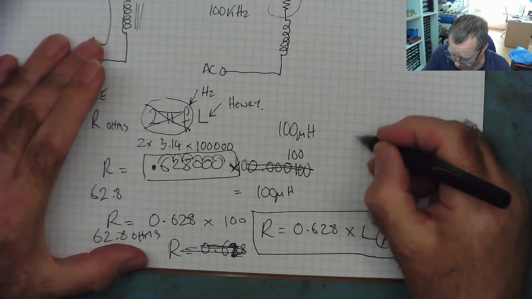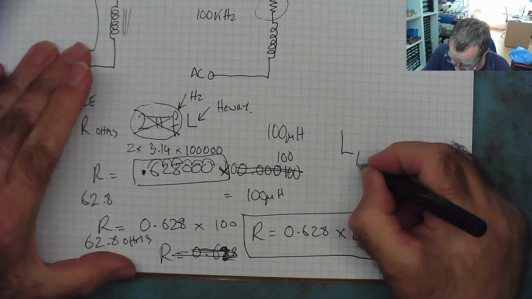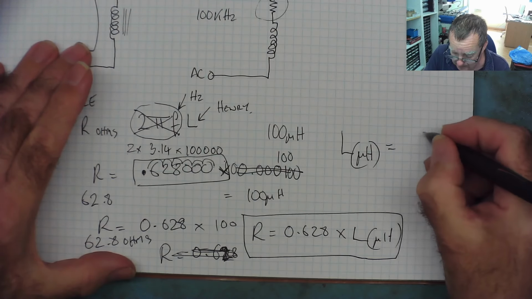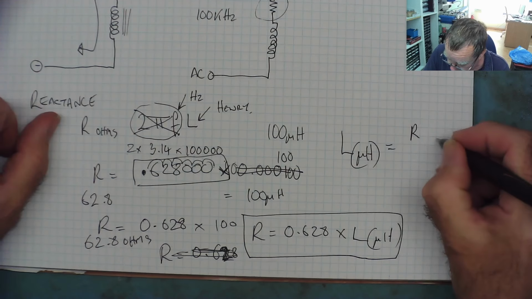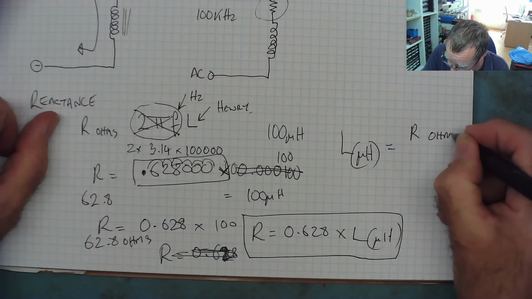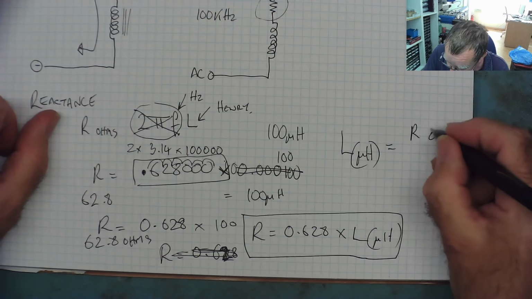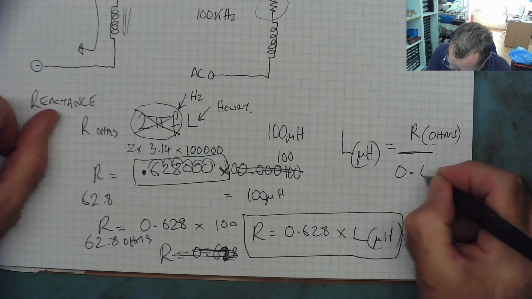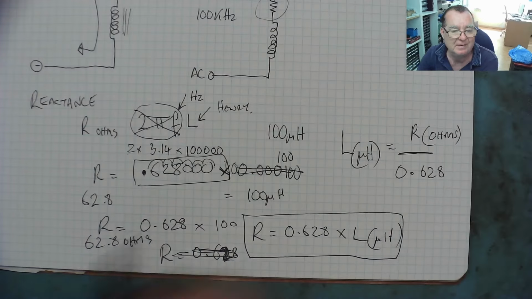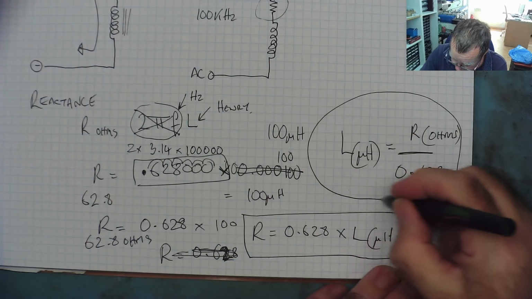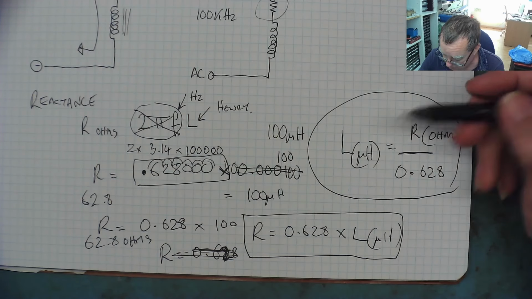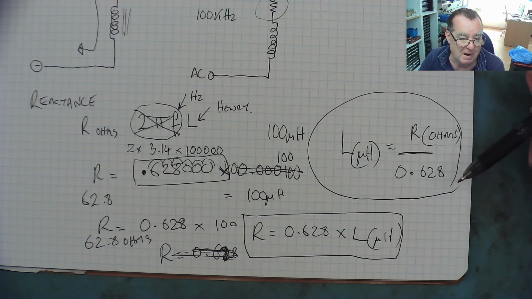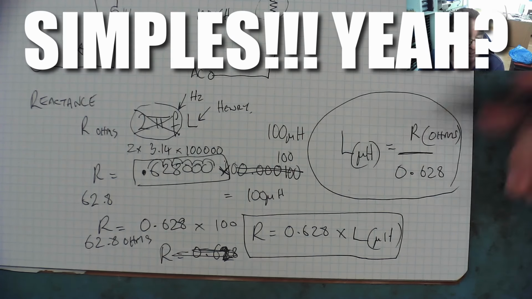So if we want to know the value of the inductor in microhenries, the formula is: resistance that you read in ohms on your ESR meter, divided by 0.628. So we measure the resistance on the ESR meter, we divide it by 0.628, and that's how many microhenries it is.